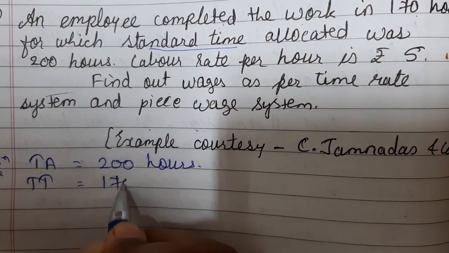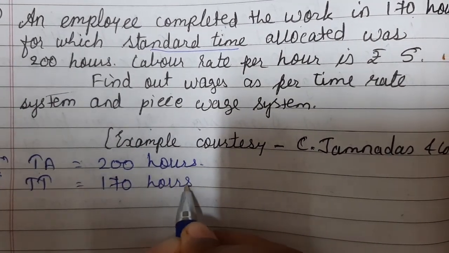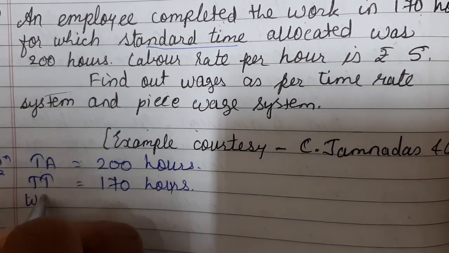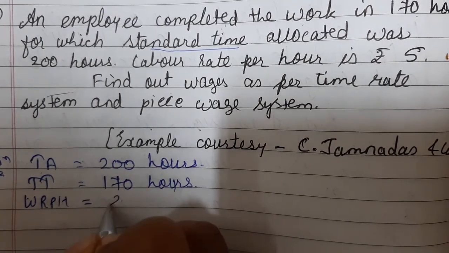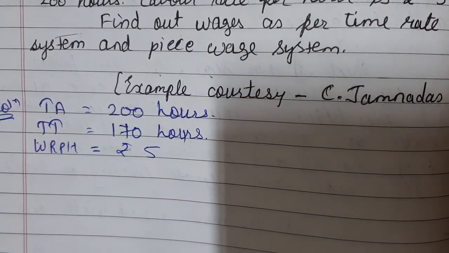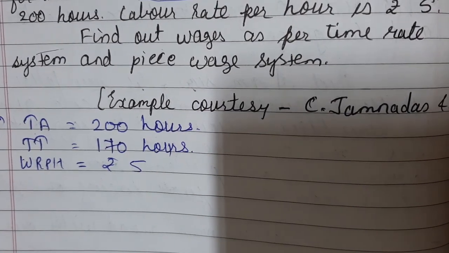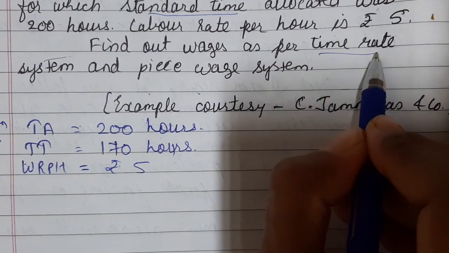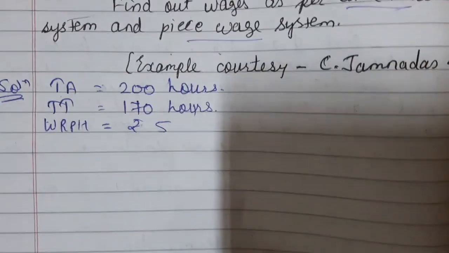So time taken is 170 hours, and wage rate per hour is ₹5. This is the basic information that we need to write down first. We need to calculate the wages as per time rate as well as piece wage system.